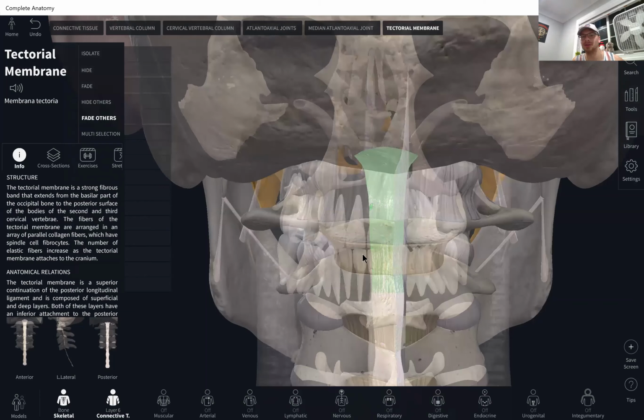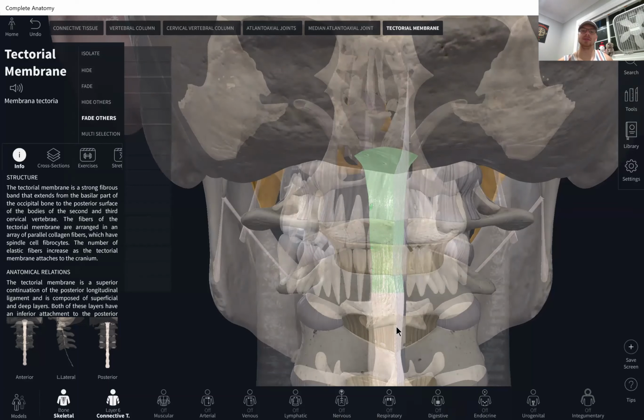And so thankfully, our last ligament is going to be our tectorial membrane. If we recall, we had been talking about that posterior longitudinal ligament, and that's going to run posterior to the spinal cord within the spinal column. And we can see where it ends, and it continues as this tectorial membrane.